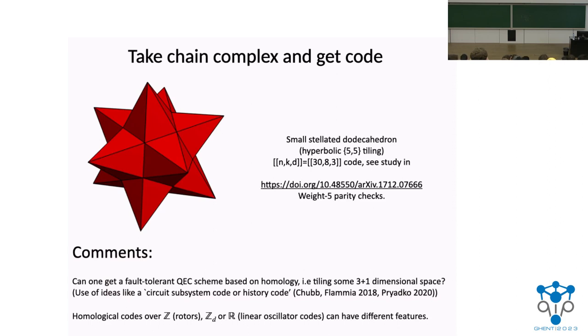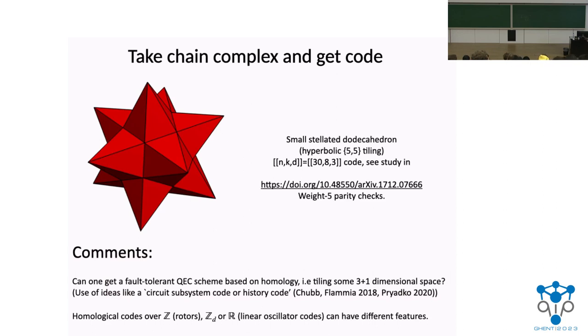Can we somehow use homology directly to construct these schemes? But now we use the homology to construct the spatial thing, and then say, oh, now we have to measure the parity checks and be fault tolerant and so on. But can we use this to directly get fault-tolerant protocols by also including the time dimension somehow?